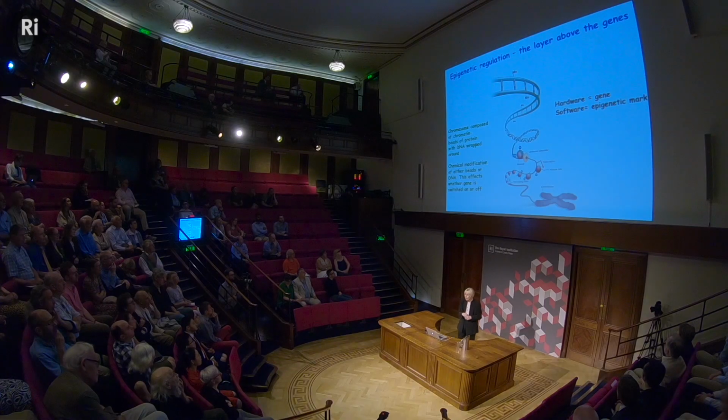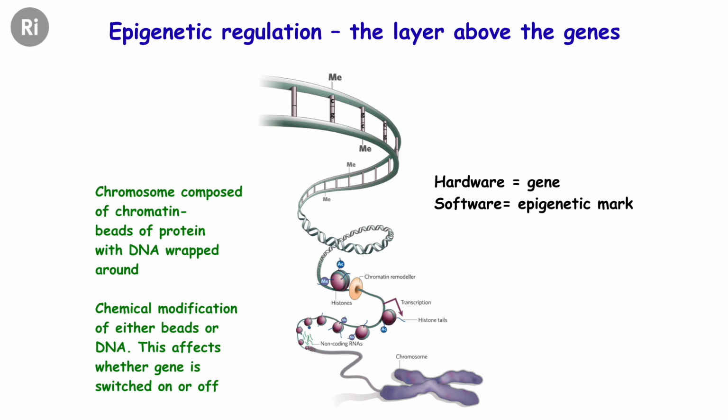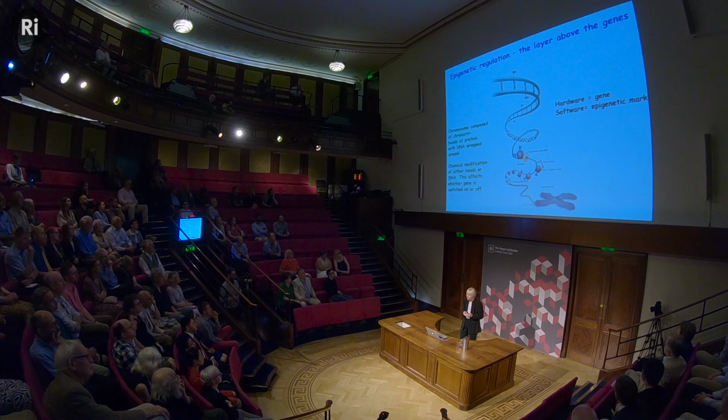So epigenetic regulation, it's called the layer above the genes. I've got a schematic here where you've got the chromosome unfolding. So this is the chromosome at the bottom, unwrapping. As it unwraps, when it's fully unwrapped, you'll see the double helix. But in that intermediate phase, you'll see that the DNA wraps around these purple balls, which I'll show you a structure of in a minute, called nucleosomes.